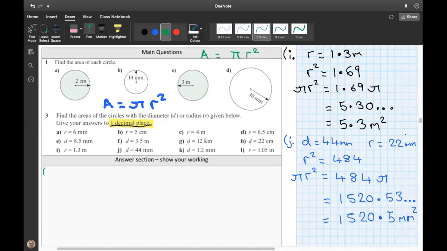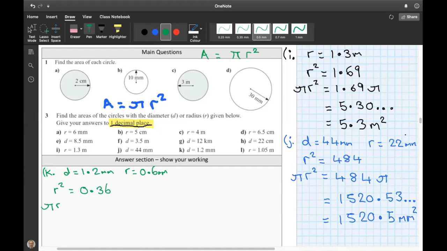Okay, have a look at K now. We've been given a diameter again. First thing we're going to need to do here is half that to get our radius. So that's going to be 0.6. Once we've done that, we need to find the radius squared, which is going to be 0.36.